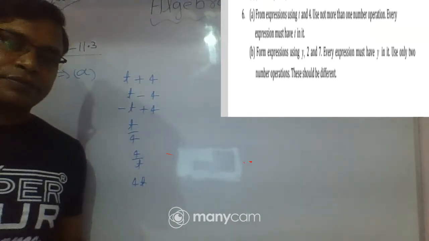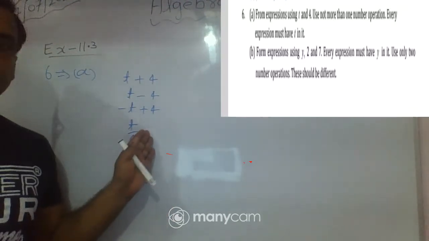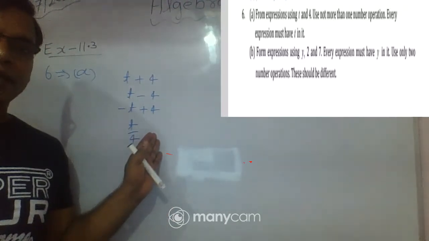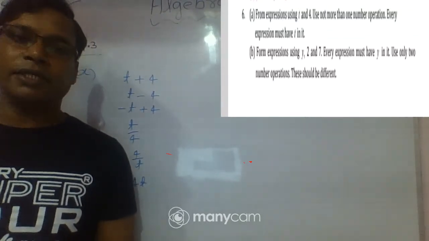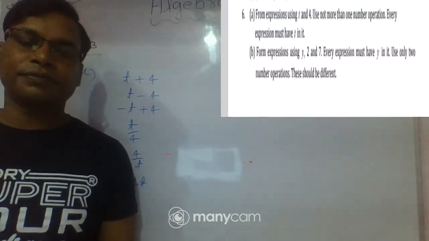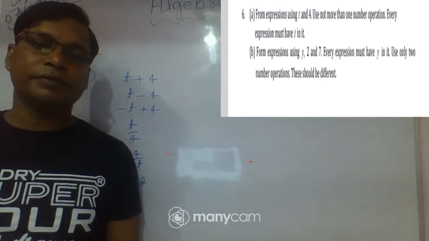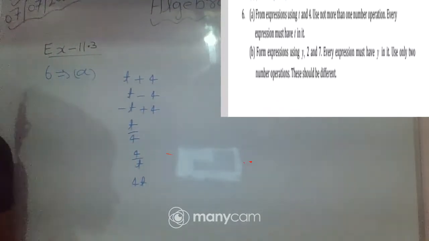These are the expressions we make with t and 4 using arithmetic operations. Now let's see part B of this question 6.